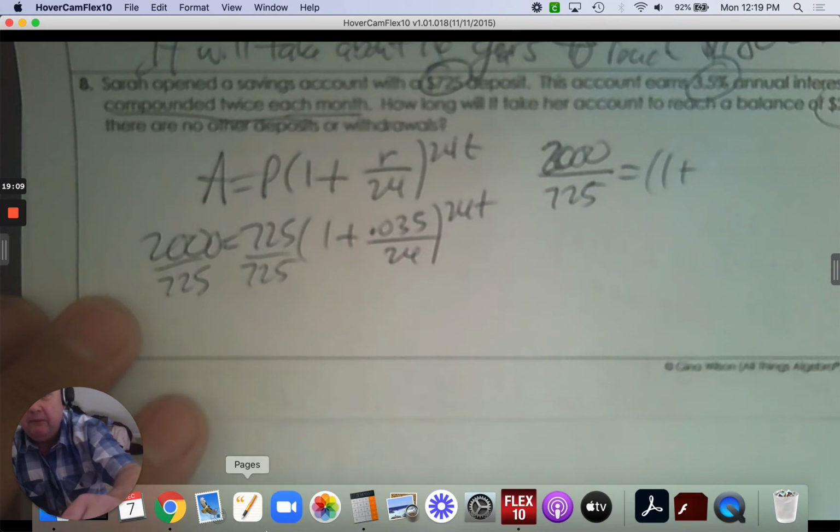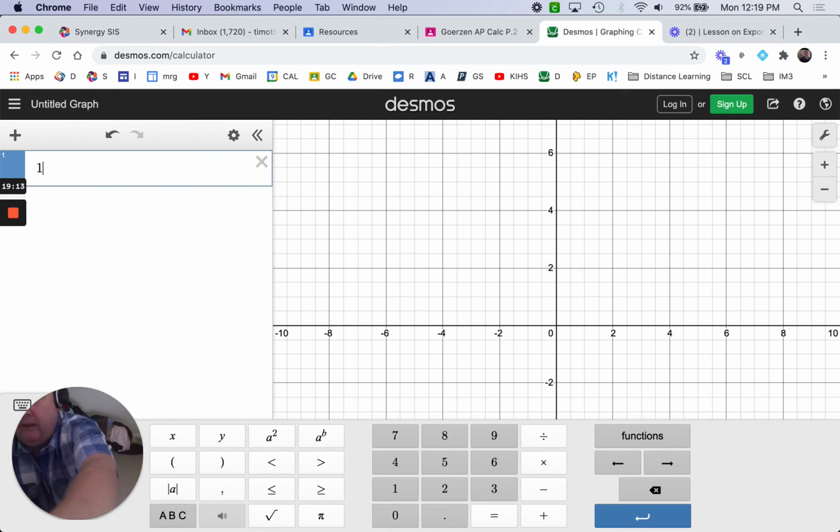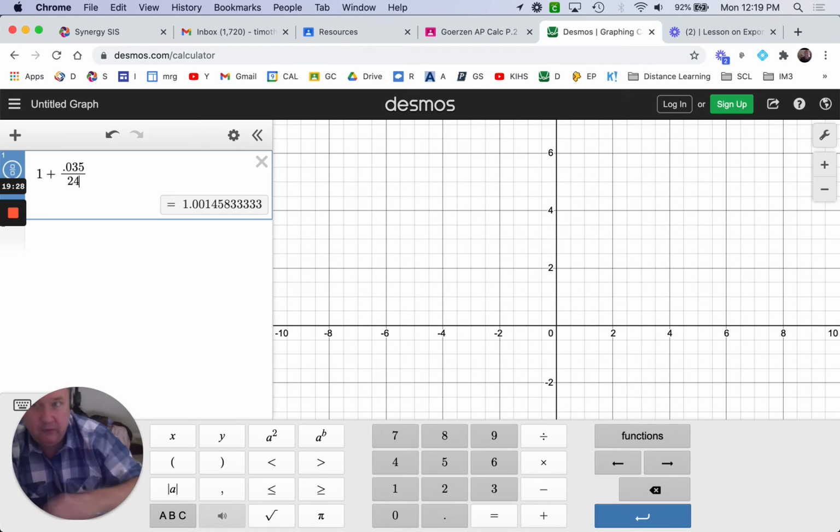So let me do that. So I'm going to type in 1 plus 0.035 divided by 24. Oops. Oh, it's an ugly number. So I'm not going to use it.